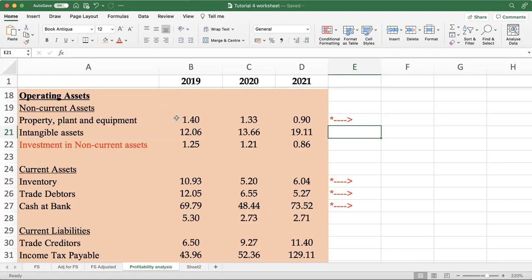You see property, plant and equipment turnover declining. Inventory turnover is also declining. You see 2019, 10.93, that declined to 6.04 in 2021.